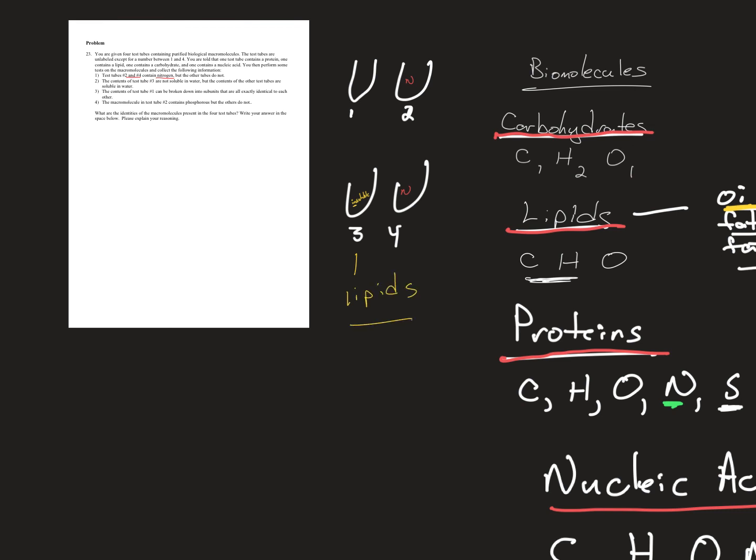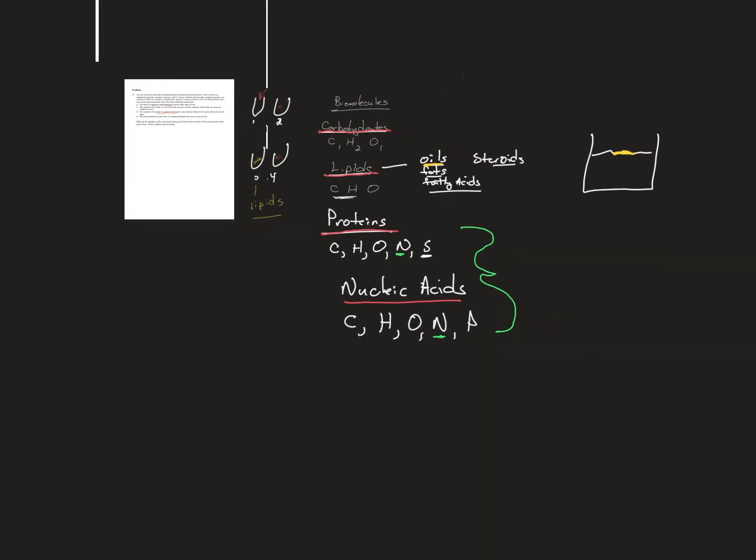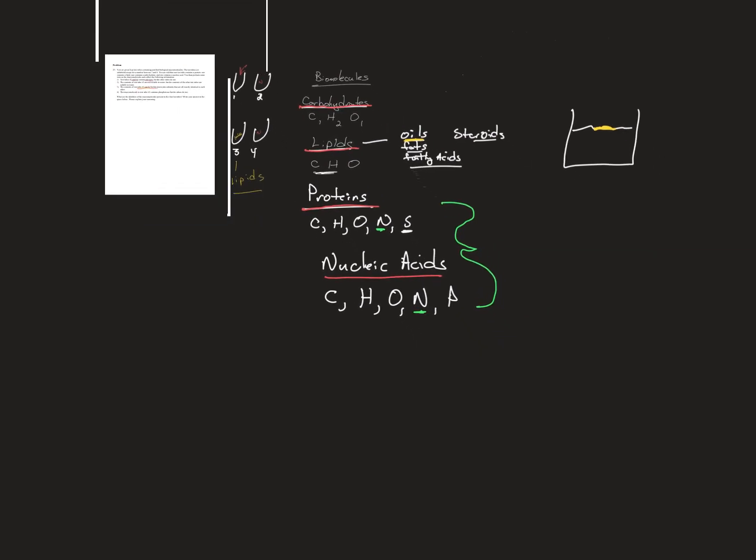2 and 4 are either proteins or nucleic acids. Next, the contents of 1 can be broken down into identical subunits. So there are again 4 biomolecules. From what we talked about, carbohydrates can form polymers.